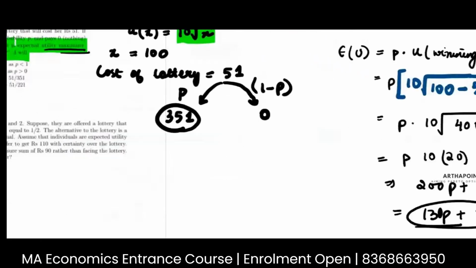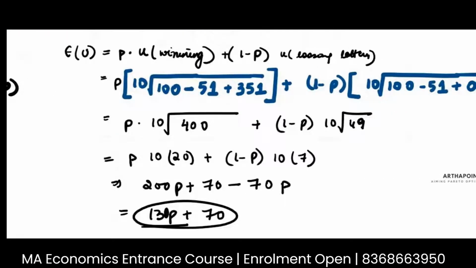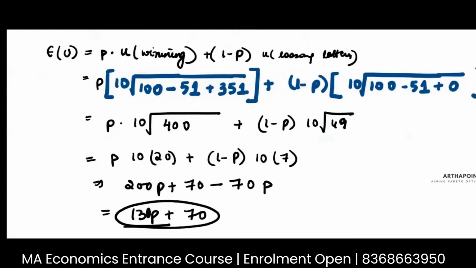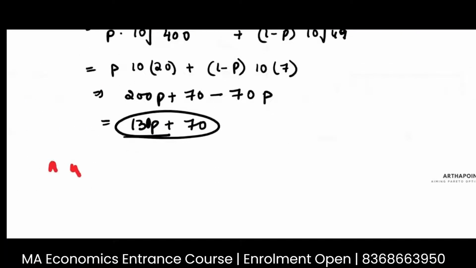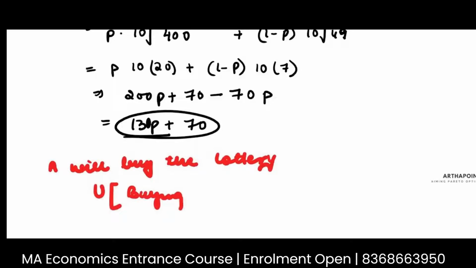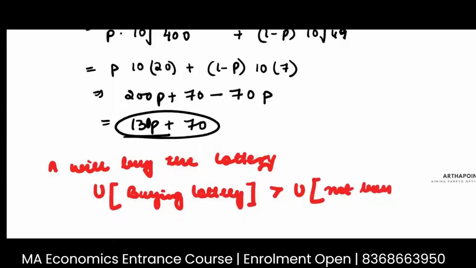Now just think about this. A will buy the lottery when his utility from buying the lottery is greater than the utility from not buying the lottery. Not buying the lottery means I had 100 rupees with me, I don't spend 51 on buying the lottery, I just keep that 100 as is.